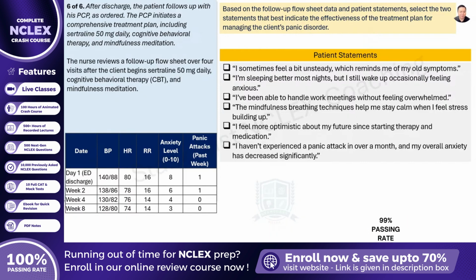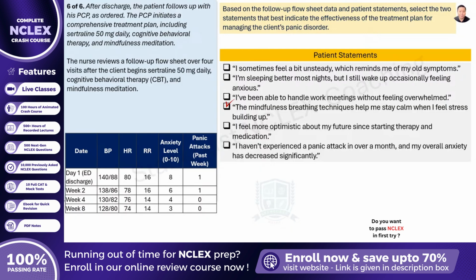Let's answer this test item. One of the correct options here would be this: the mindfulness breathing techniques help me stay calm when I feel stress building up. This is very important because this shows the patient is actively using a learned skill, such as diaphragmatic breathing, to prevent escalation of stress, which is self-management in action.